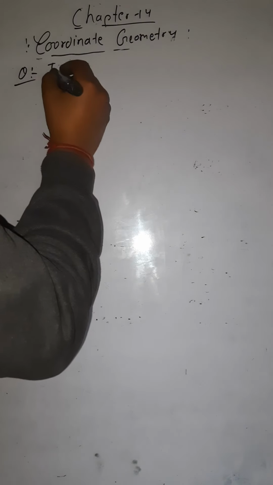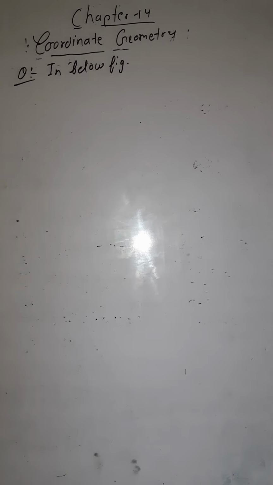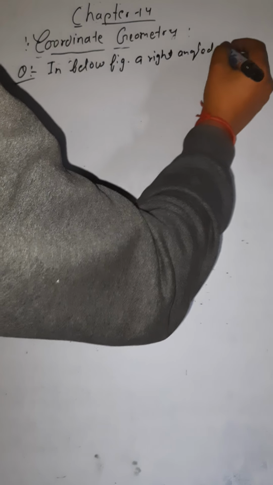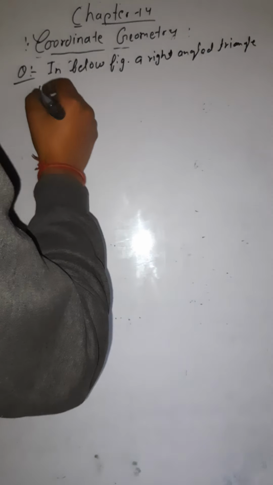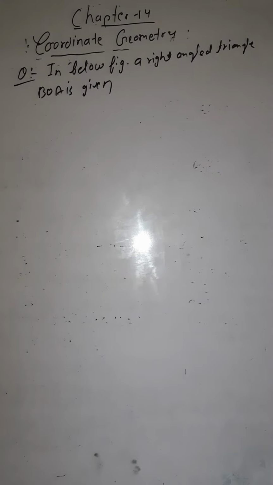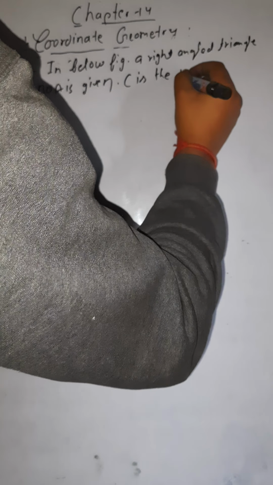In the below figure, a right angle triangle BOA is given. C is the midpoint of the hypotenuse AB.